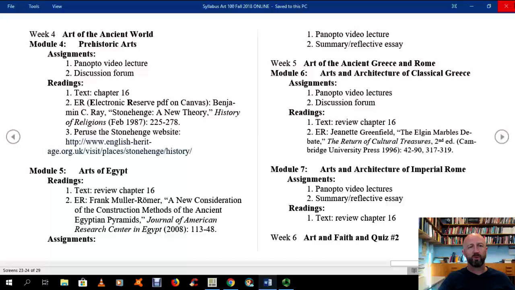So we start with prehistoric arts in week number 4, and then we move all the way up to Impressionist art of the 19th century. Now, if you were to take an art history course, we would spend a lot more time on each of these areas, and you'd get a great deal more information. So think of this as an overview of some of the major periods of art history.